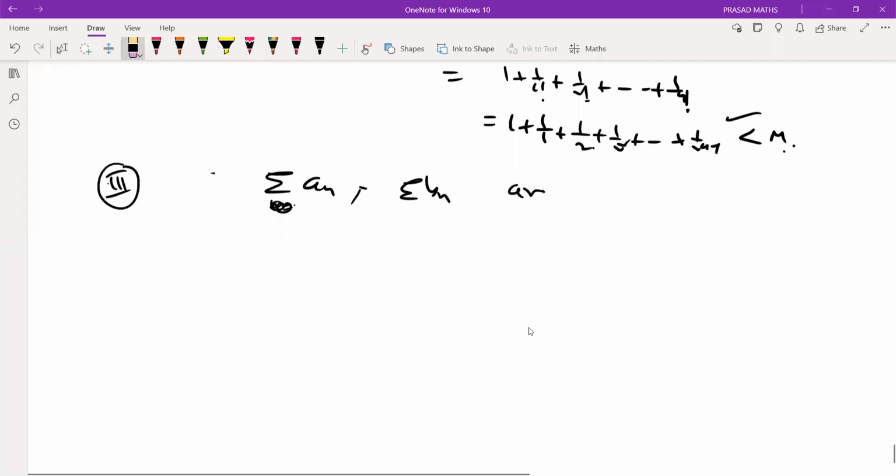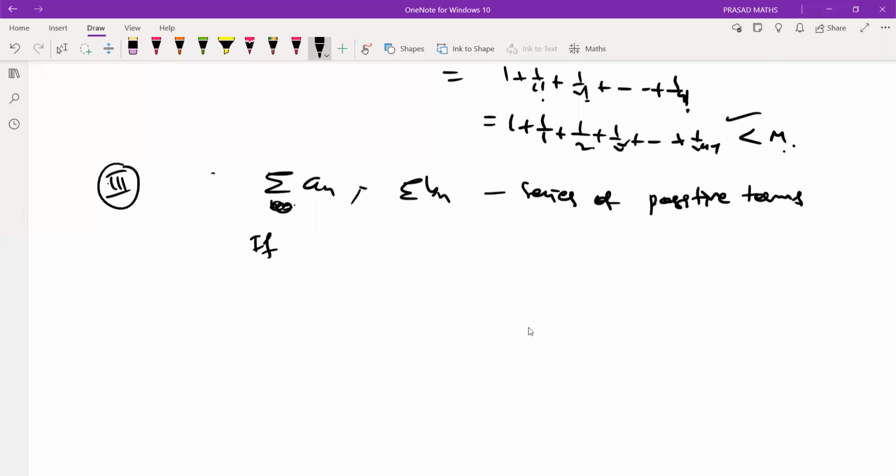Series of positive terms, right? If an less than or equals to bn, or else you can write this notation. This may not be true for each n.